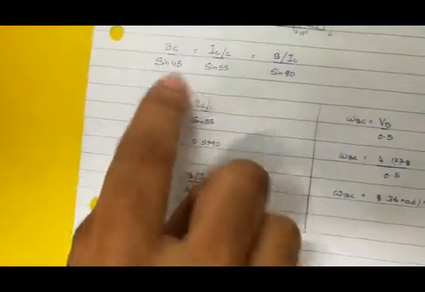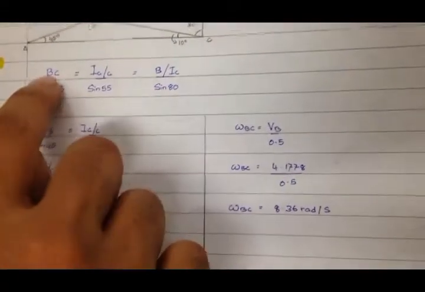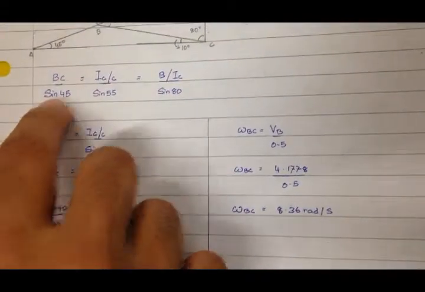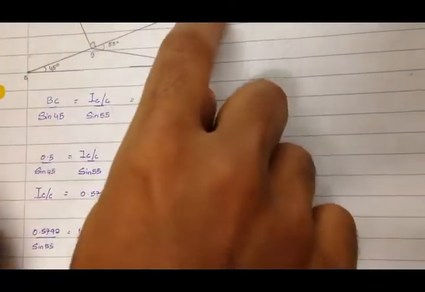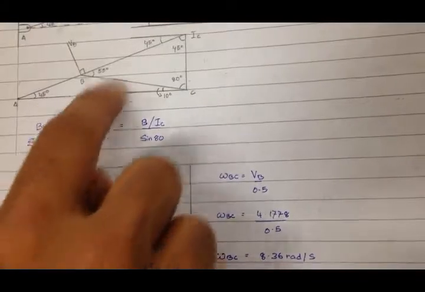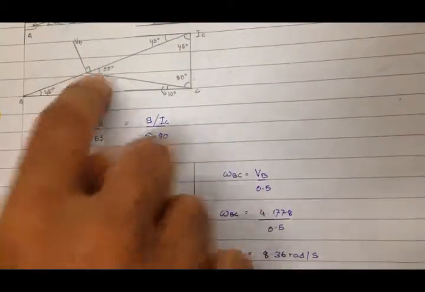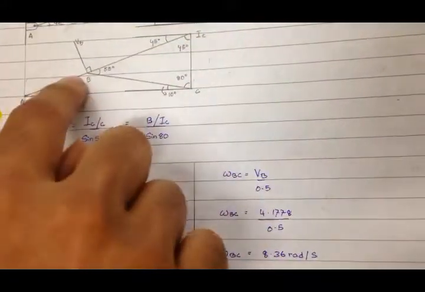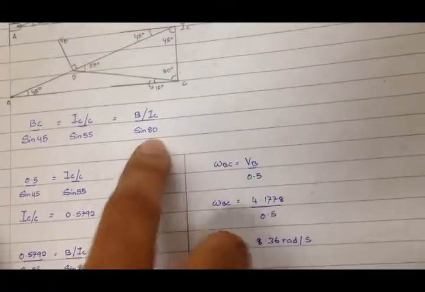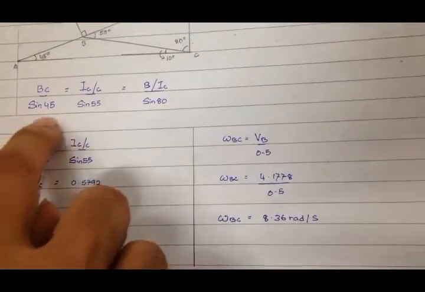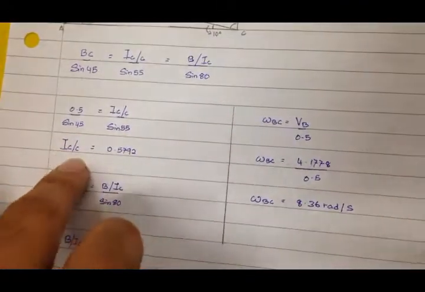From the rule, we have BC over sine 45, which is the length BC opposite to 45, equals IC to C over sine 55, opposite to this length, equals B to IC, this length opposite to 80 degree, so it will be sine 80. From this we can solve the lengths, first IC to C.